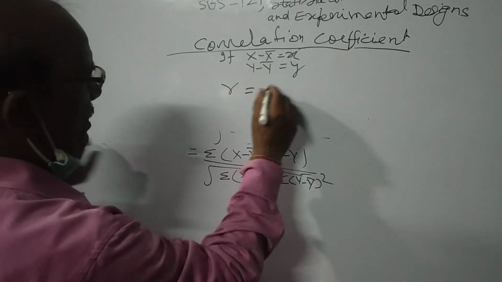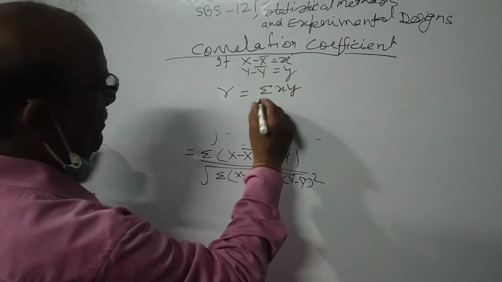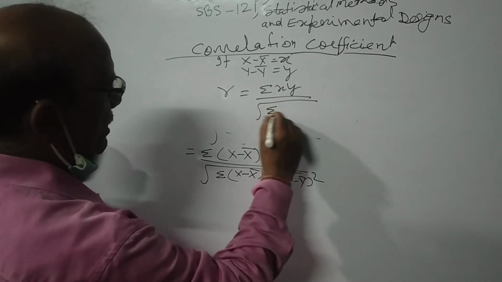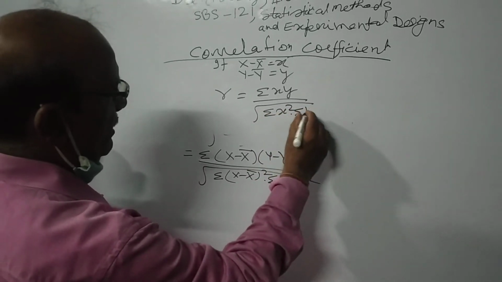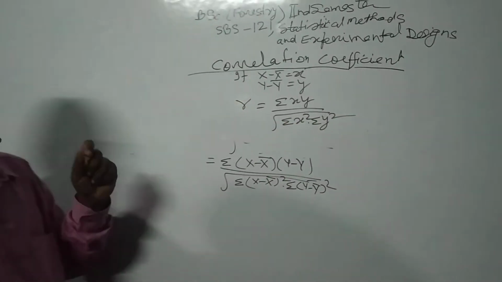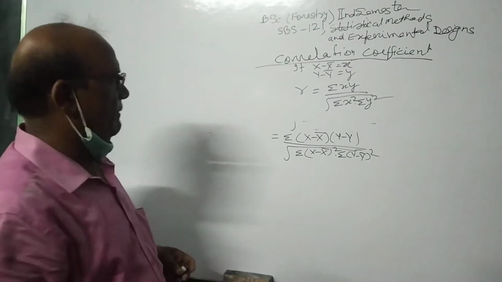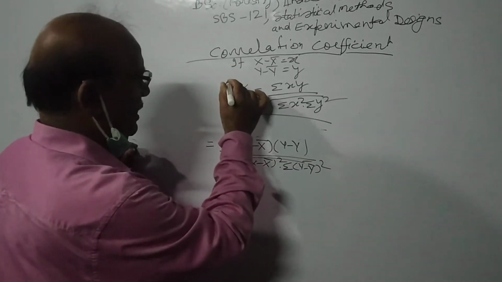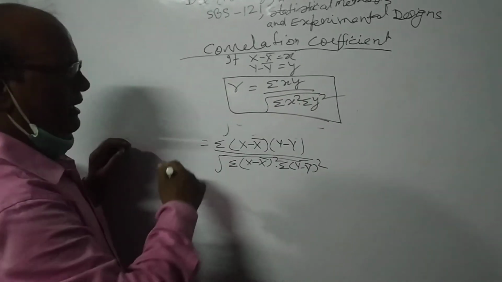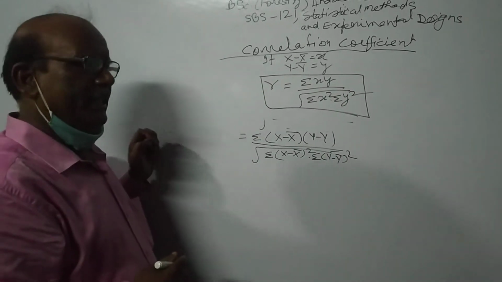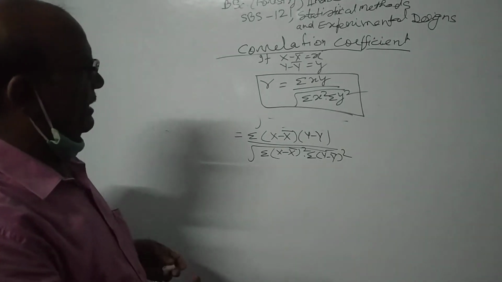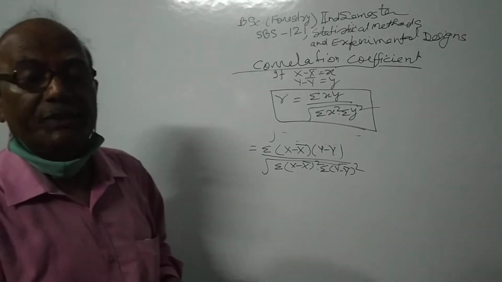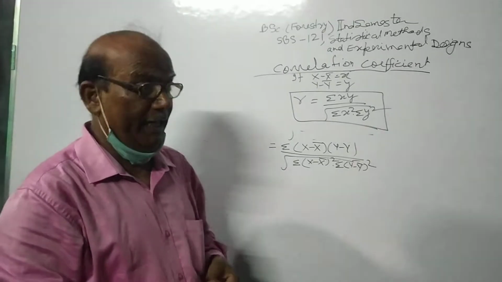Then r is equal to summation xy upon the square root of summation x square into summation y square. This is the formula to calculate the correlation coefficient, the gradient of the linear relationship between two variables.